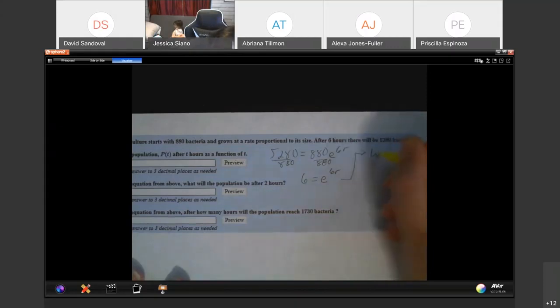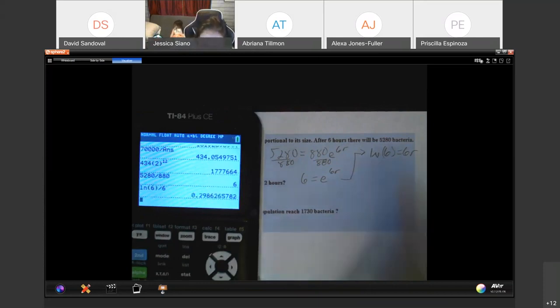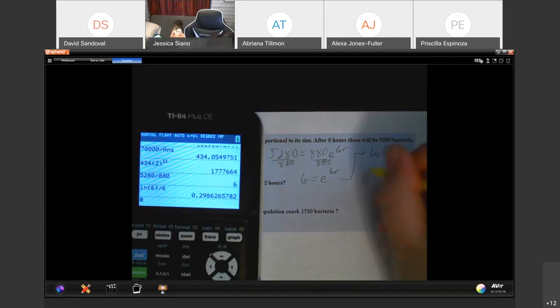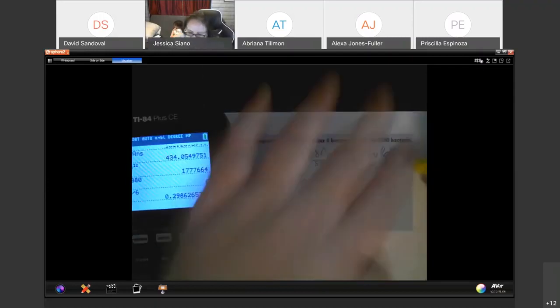So then the ln of 6 equals 6R. So the ln of 6 divided by this 6, and my rate is 0.2986. Say round your answers to 3 decimal places, so 0.299.